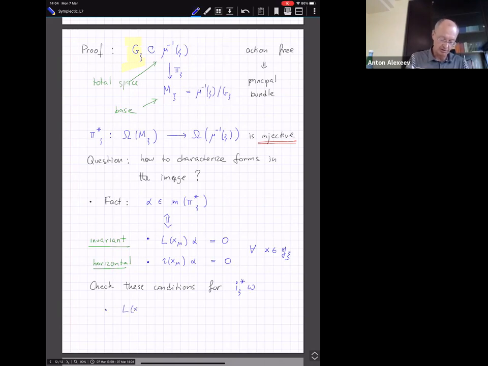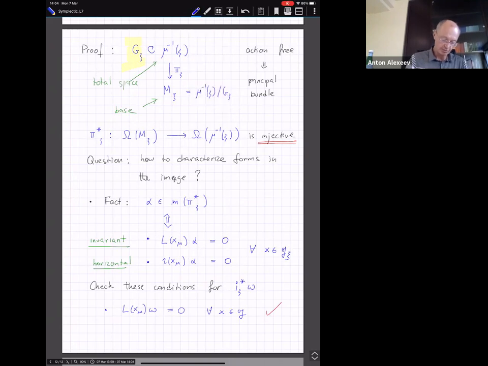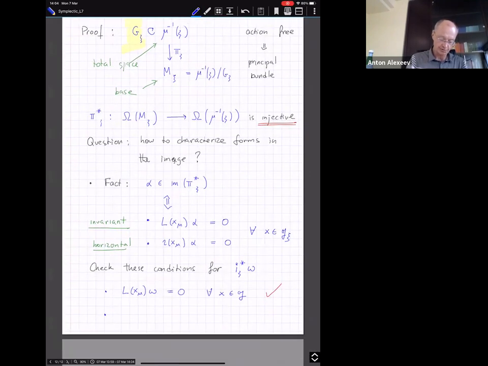We know that if the action is Hamiltonian, the two form is invariant for all fundamental vector fields. Now it's a little bit more tricky with those contractions.